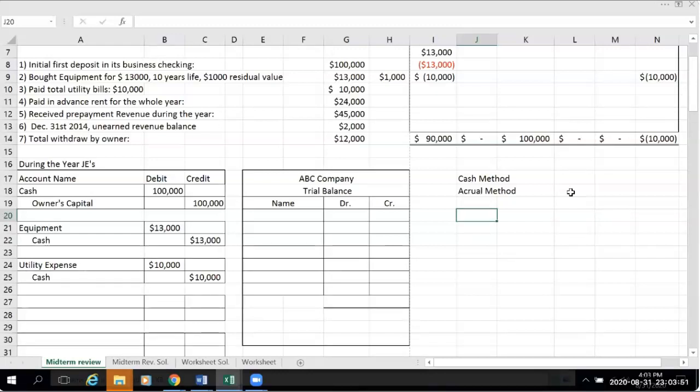Doesn't matter when you pay it. As soon as you get the benefit and you get obligated to pay for it, at that moment you record your expense. You might pay 2 months later, doesn't matter, but you record it today. And the accrual method is providing a much better so-called picture of your activity, okay?